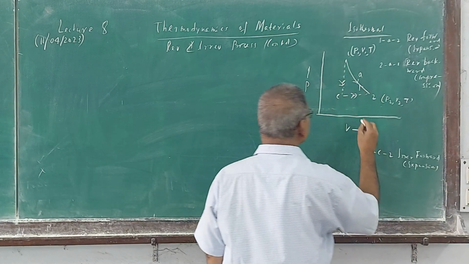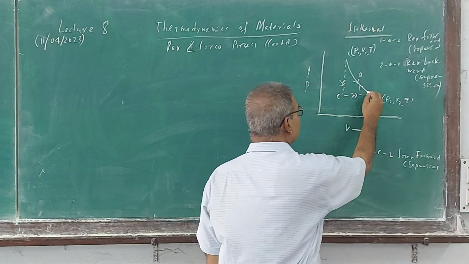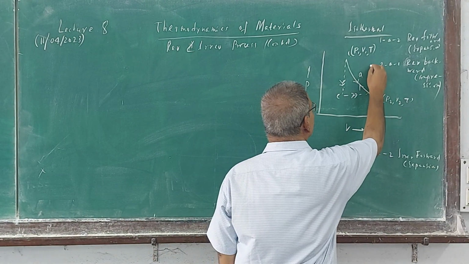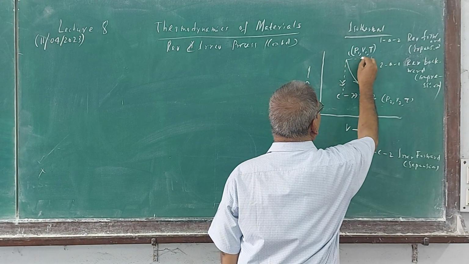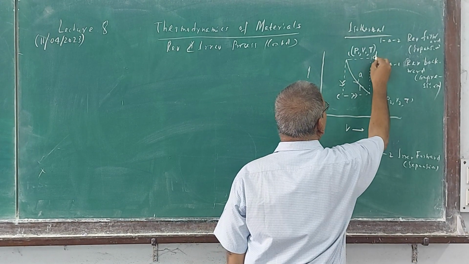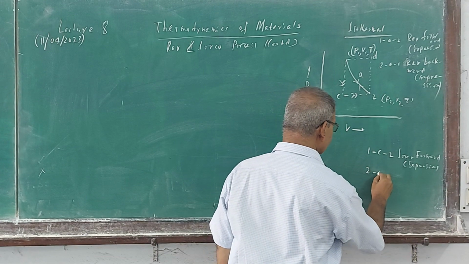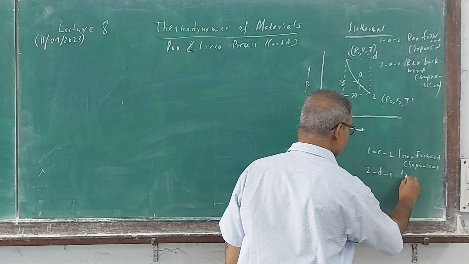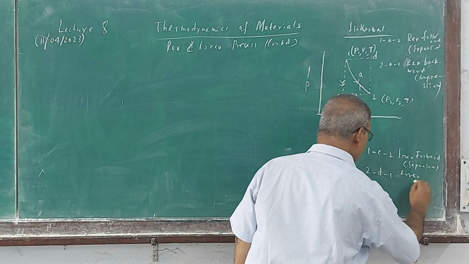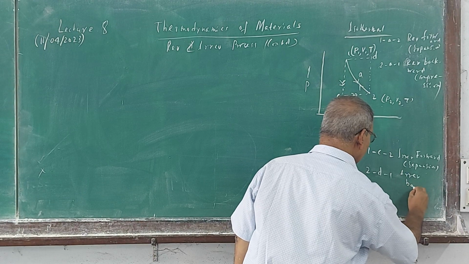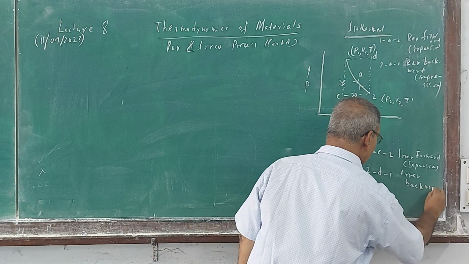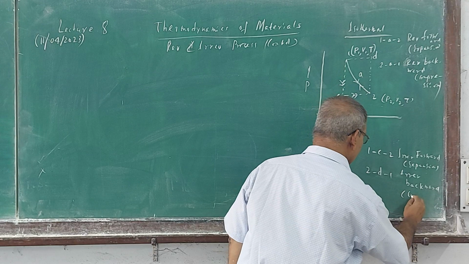And then what is this? You could recall what I said. You give a name: 2D1, irreversible backward path, compression.